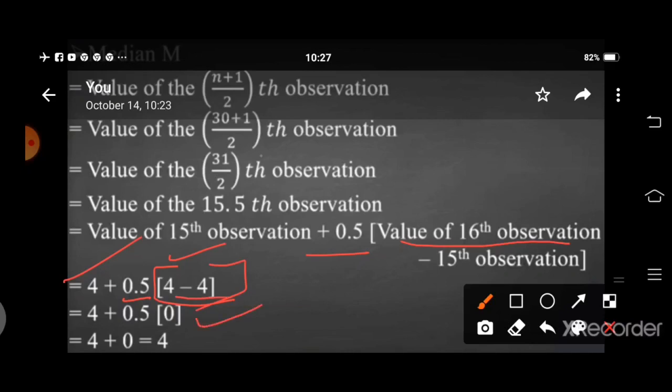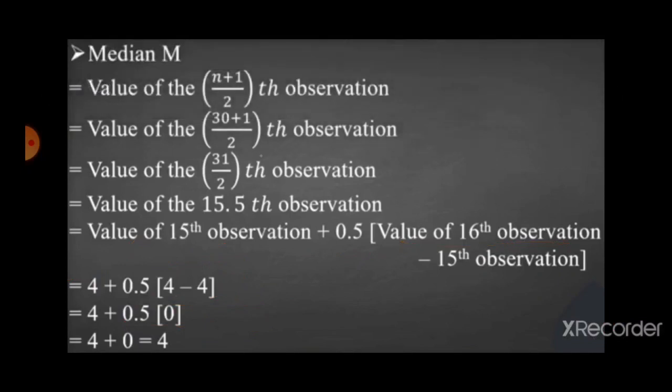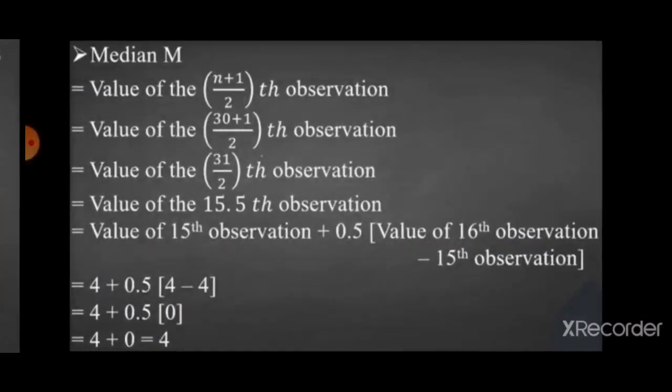Now 4 plus 0.5 into 0 would be 0. If we multiply any number by 0, then we are going to get answer 0. 4 plus 0 equals 4. So here the median according to the discrete frequency distribution, answer 4.